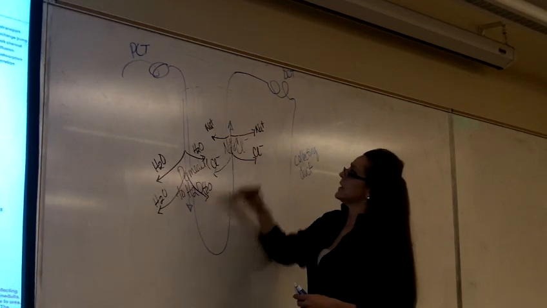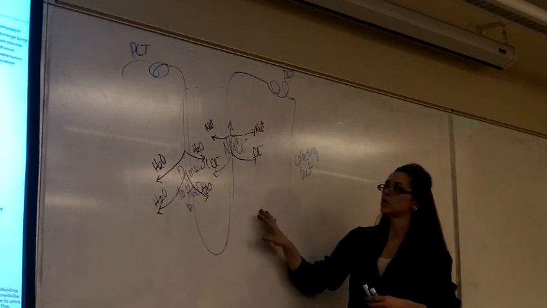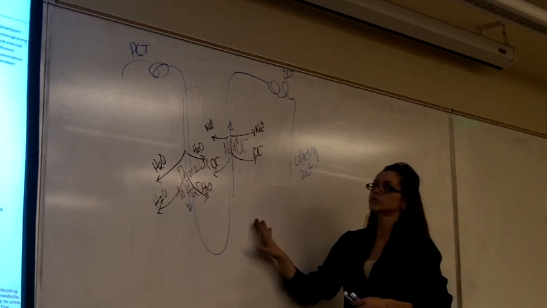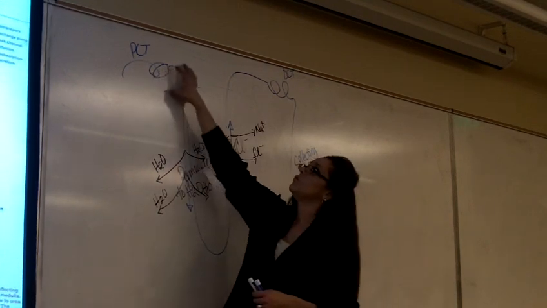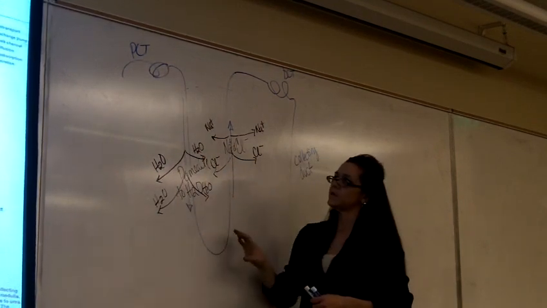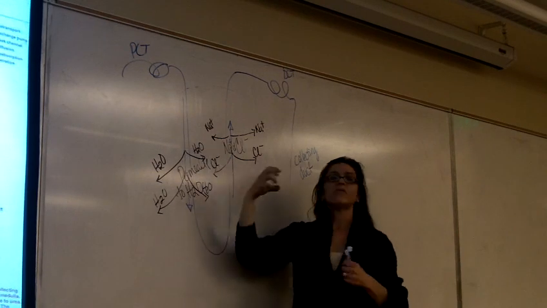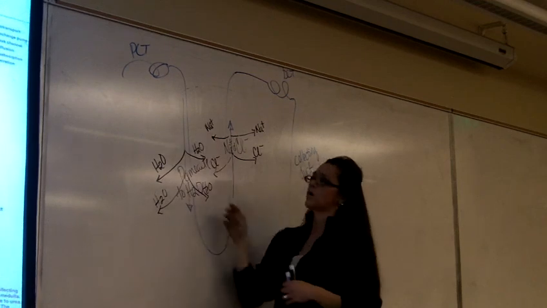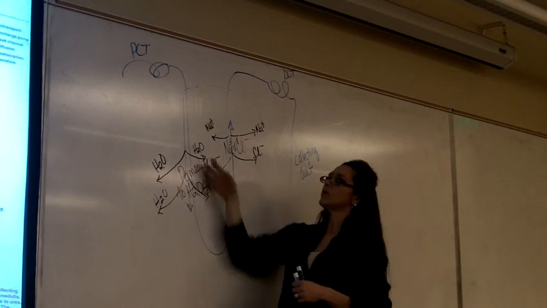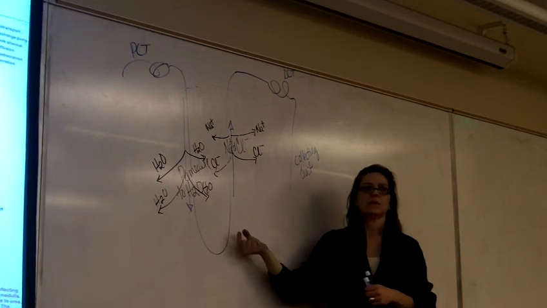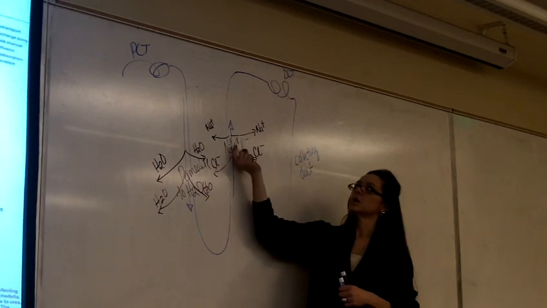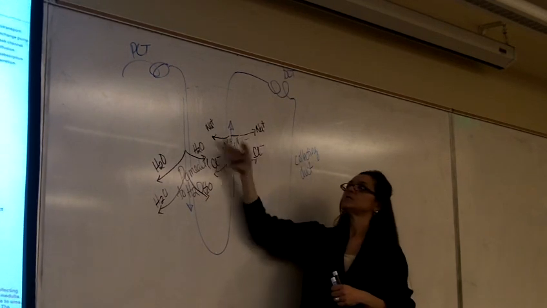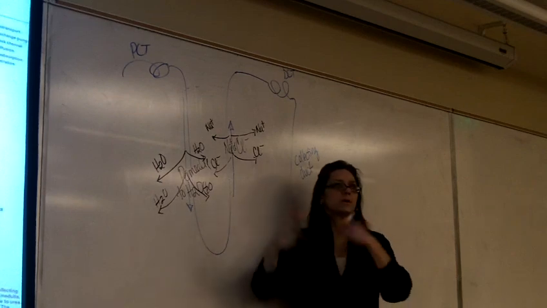That then sets up a high osmotic gradient out here in the interstitial fluid, so that the new filtrate that comes down the descending limb is going to have a very high osmotic force drawing the water out. And the more water that gets drawn out, the more concentrated that filtrate is. The more concentrated the filtrate, the faster those pumps are working, and so on and so forth.